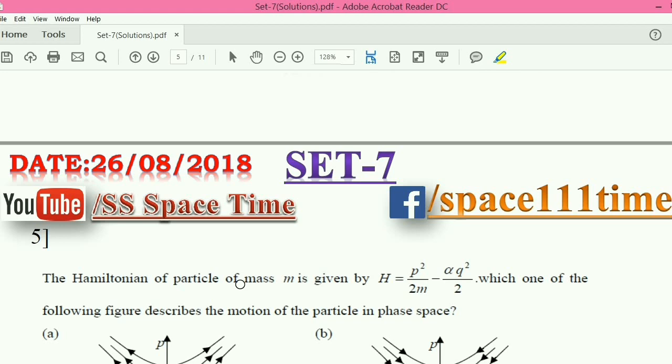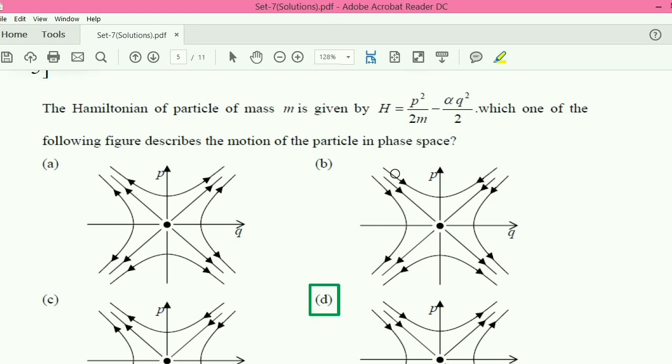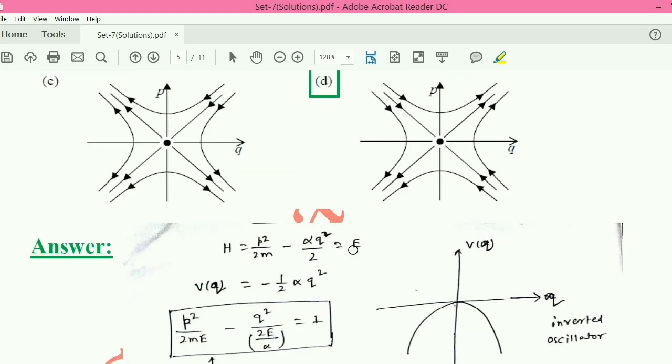Next, coming to question number 5. The Hamiltonian of a particle of mass m is given by H equal to p square by 2m minus alpha q square by 2. Which one of the following figures describes the motion of the particle in phase space? Okay, as you can see, this is the Hamiltonian, and from here we can write the potential.